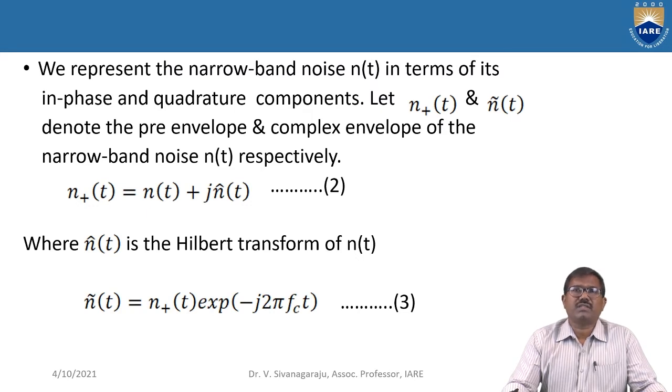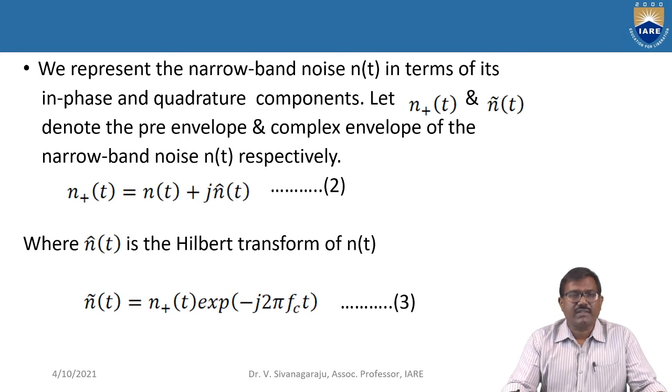So we may represent the narrowband noise N of t in terms of its in-phase and quadrature components. Let n plus of t and n tilde of t denote the pre-envelope and complex envelope of the narrowband noise N of t. Now what is the pre-envelope and how can you represent it?